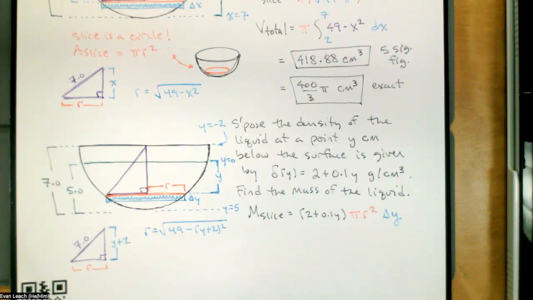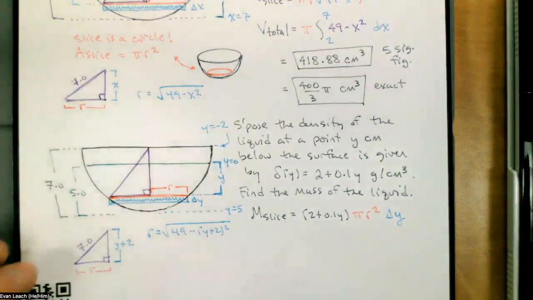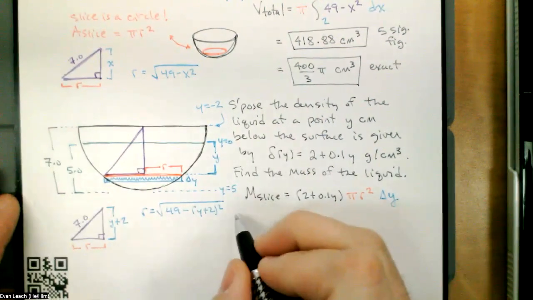We need to finish, we've got our diagram. We're not finished with our development because our density is in terms of y, but our radius is not in terms of y. That's why we needed that triangle. That's why we needed the center of the hemisphere.